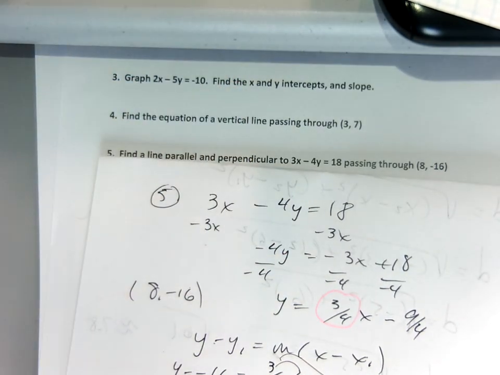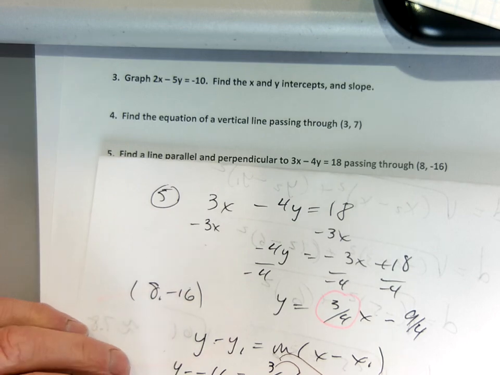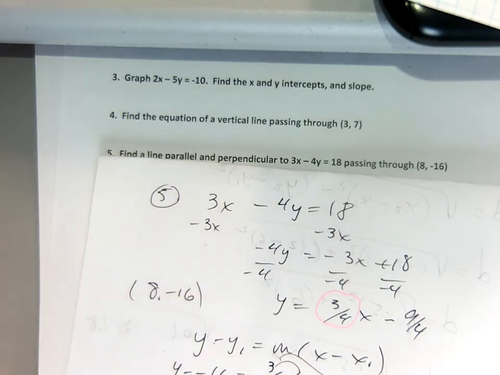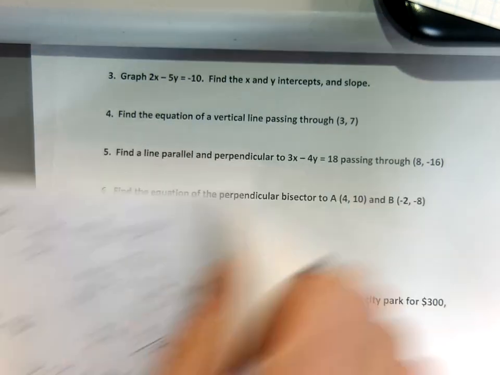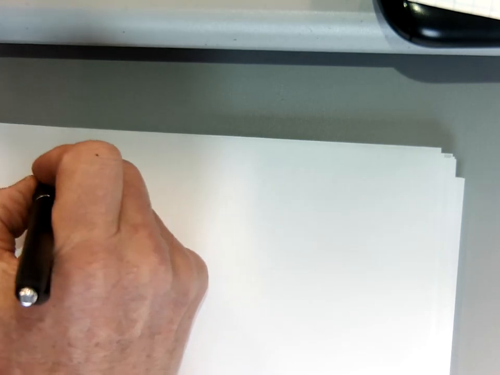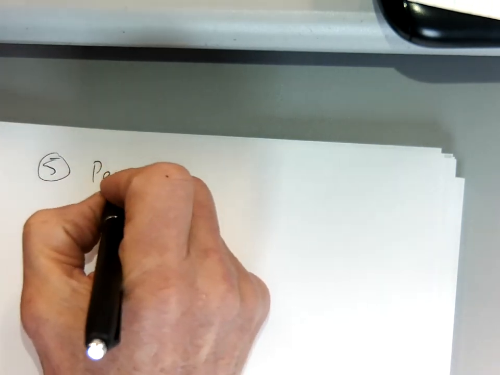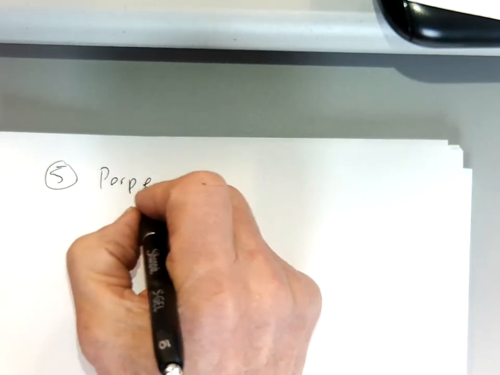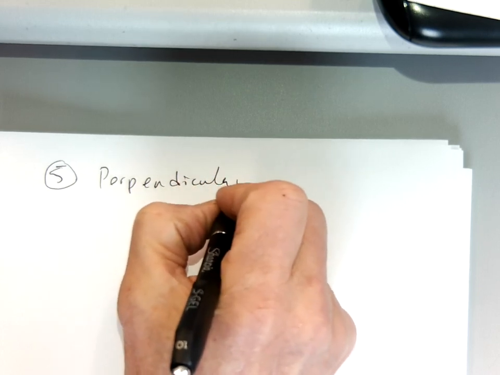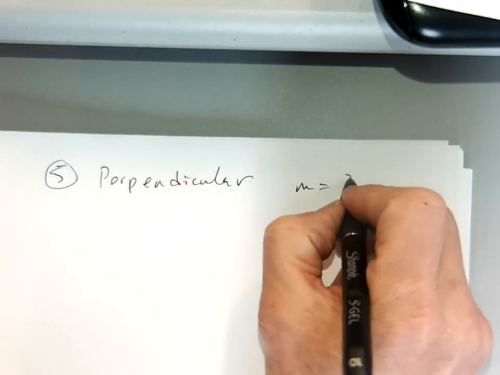That's what we need. Okay, now the perpendicular one, I'll take that same slope, but I'll change it. So let me go ahead and turn my paper to the next sheet, and so this is still 5, but this is the perpendicular part. So I'll take my slope, which is 3/4, right?